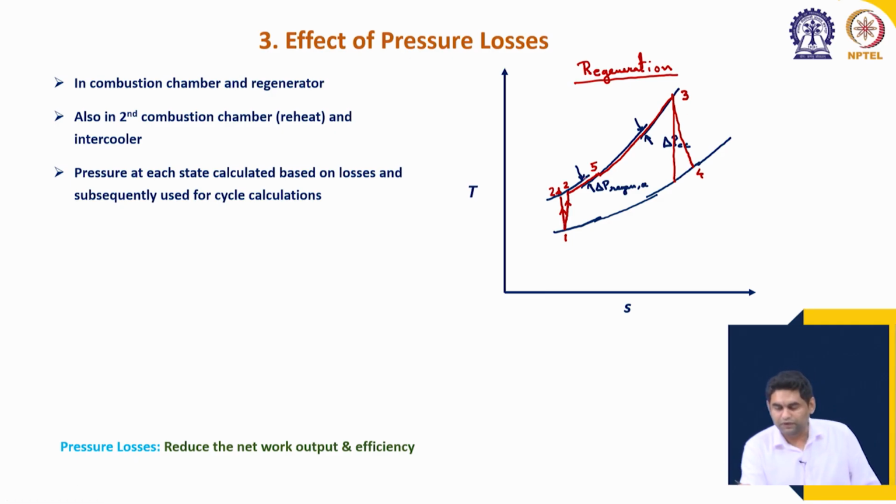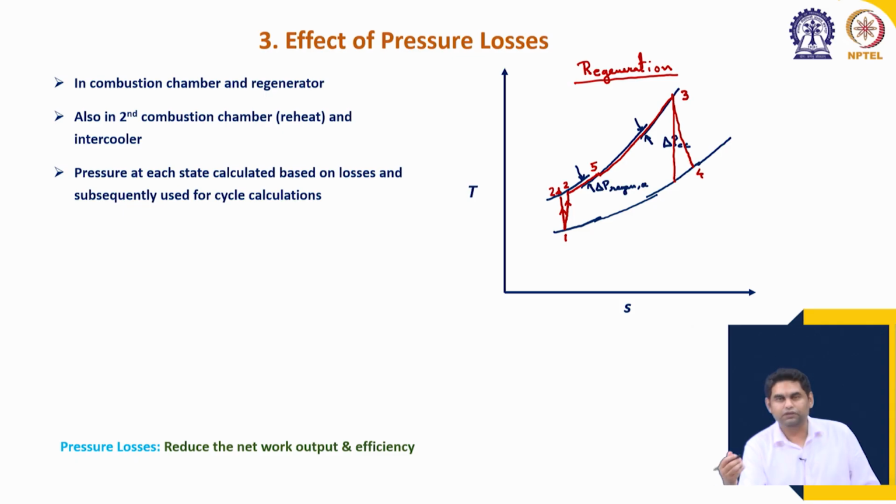So, for the turbine, because the pressure at the regeneration process itself is slightly lower, maybe 2 to 3% lower, and then in the combustion chamber again 3 to 4% lower, the overall pressure ratio will be slightly lower than 10. So, we get less work output from the turbine, although the compressor work remains the same. So, that is how the pressure losses affect the overall performance parameters.